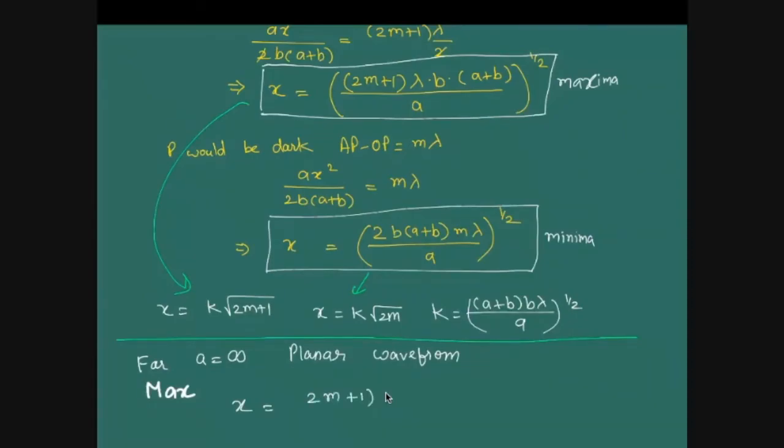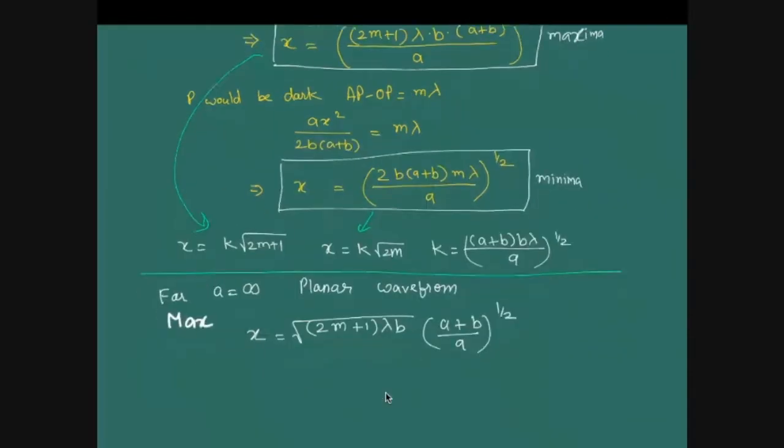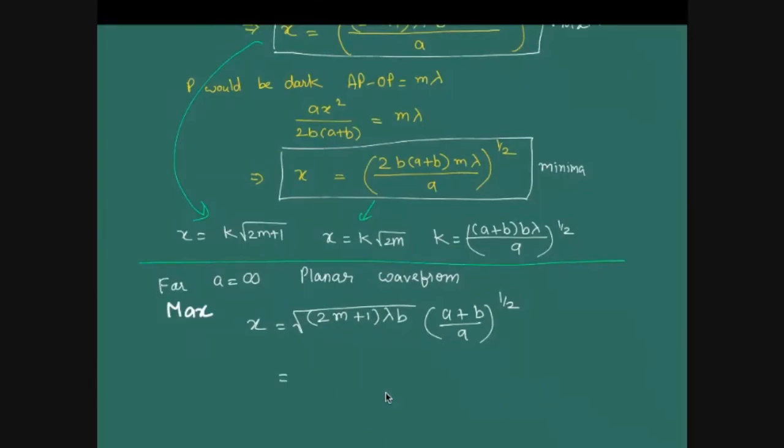Now I will write 2m plus 1 and lambda into b. You keep this as it is in square root, and this side I can write the other condition as a plus b by a raised to 1 by 2. So this thing I can write in the form 2m plus 1 into lambda b, and this would simply become 1 plus b by a raised to 1 by 2.